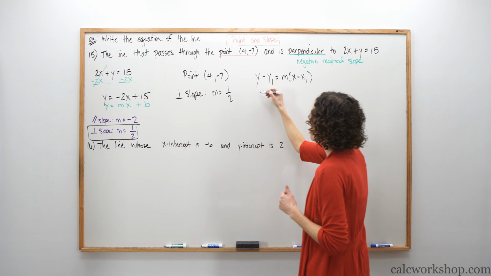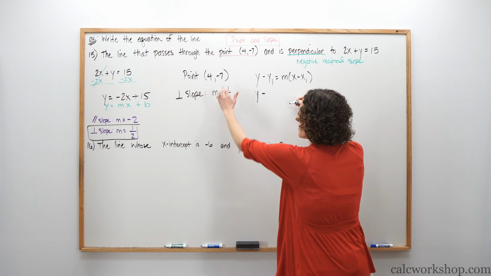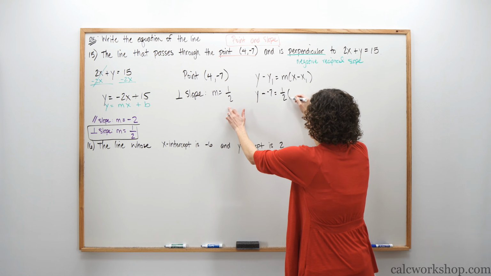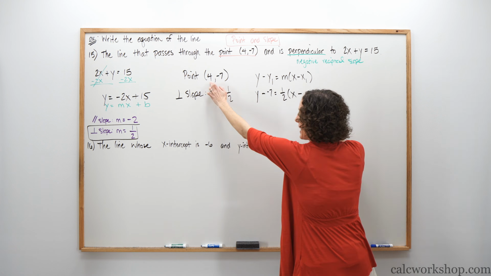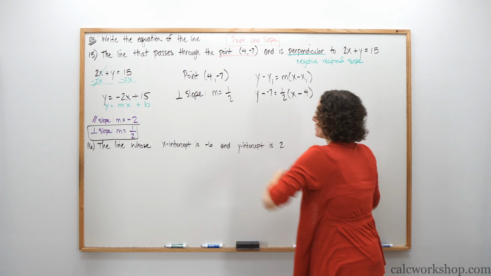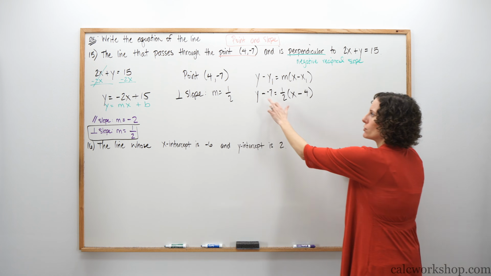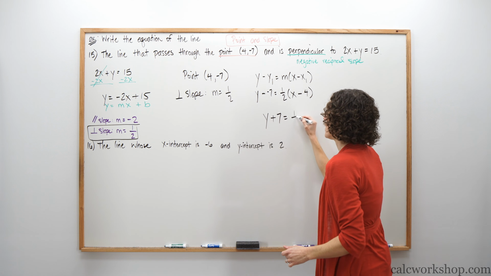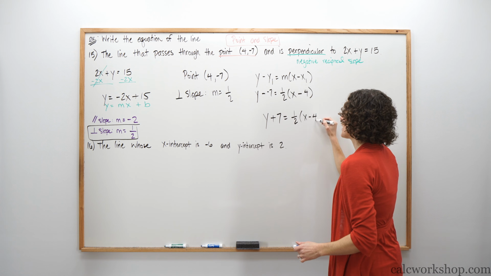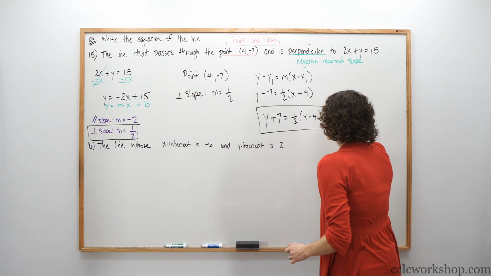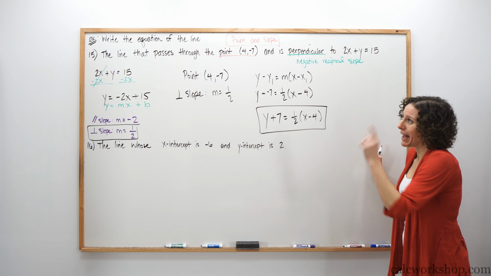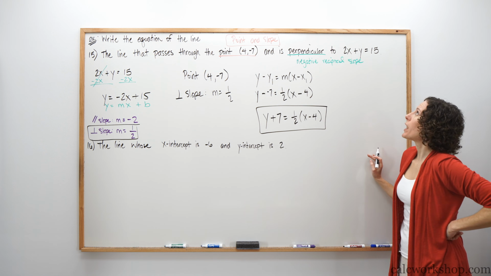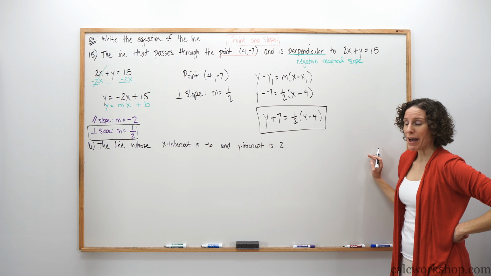So here we go. y minus -7 equals m, which is 1/2, times the quantity x minus x1, which is the value of 4. So now let's just simplify it. Two negatives here make a positive, and so we have y plus 7 equals 1/2 times the quantity x minus 4, and this is the equation of the line that passes through that point and is perpendicular to 2x plus y equals 15. Not so bad.